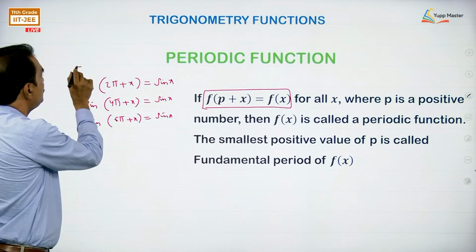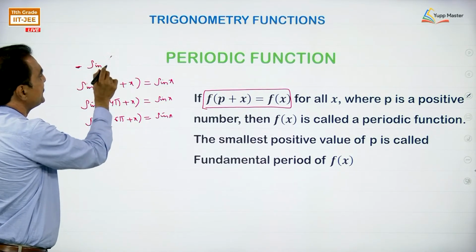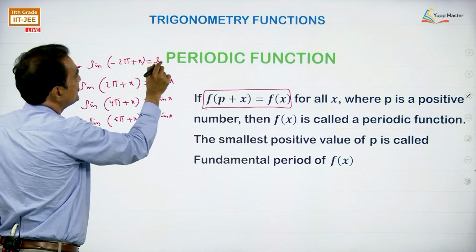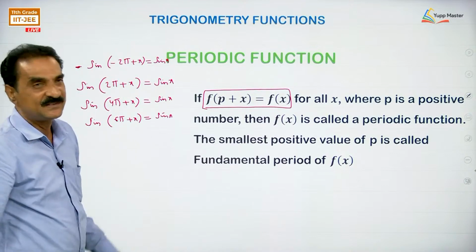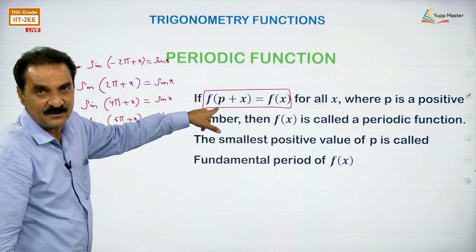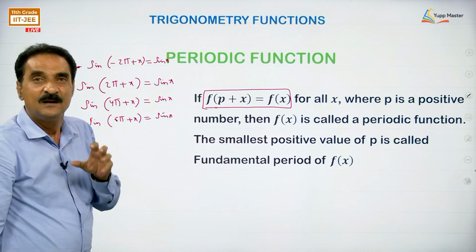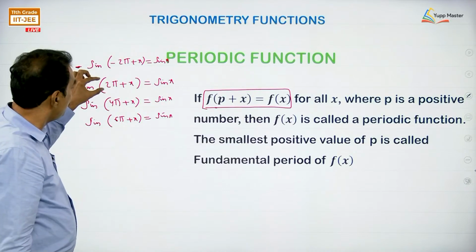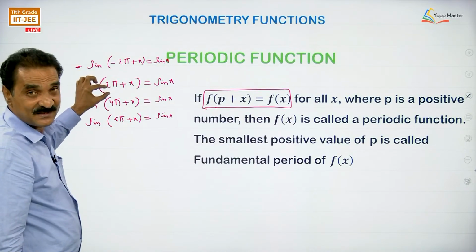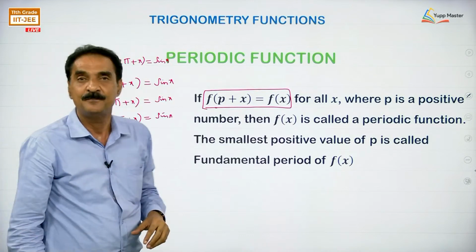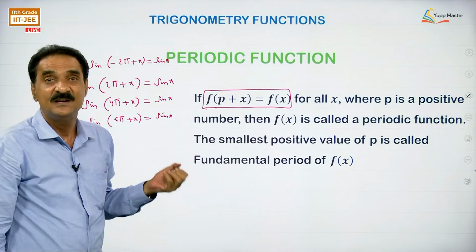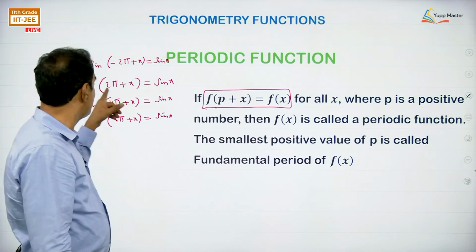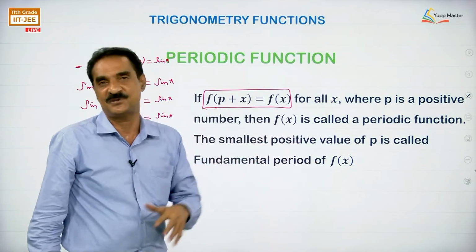Sin of minus 2 pi plus x is sin x. Sin of minus 4 pi plus x is sin x. So, there are so many values of p in this list, but among them the smallest positive value of p is 2 pi. There will be no positive number less than 2 pi satisfying this kind of relation. Sin of pi plus x is not sin x, sin of pi by 2 plus x is not sin x. So, the smallest positive number p is 2 pi, that is called fundamental period of the function.